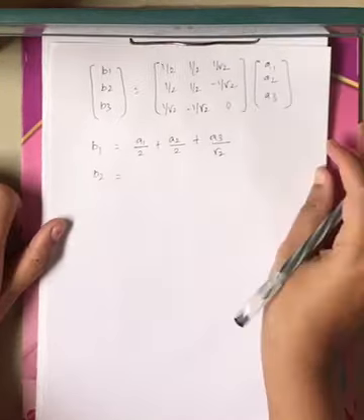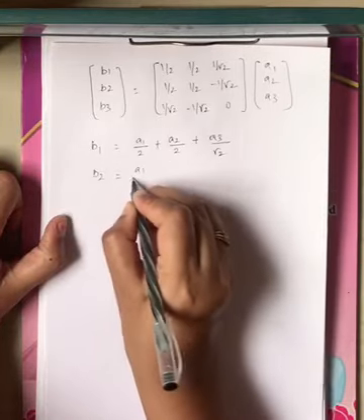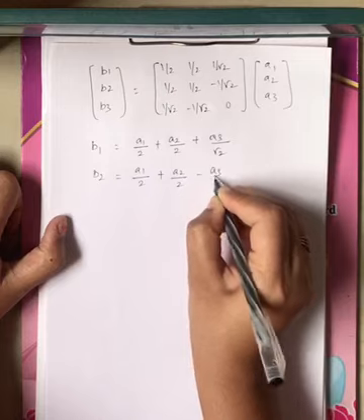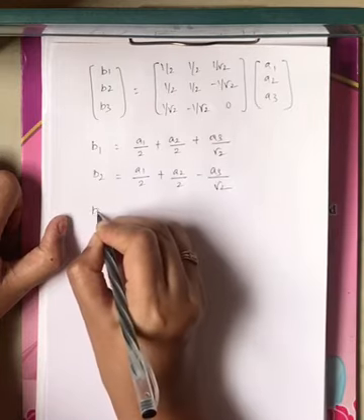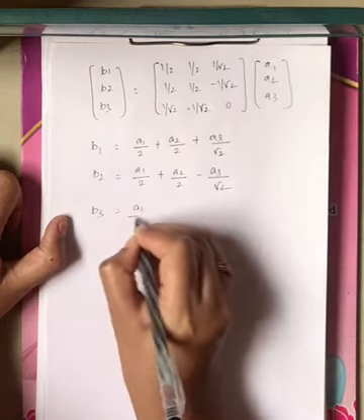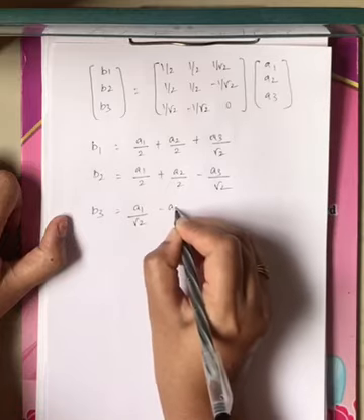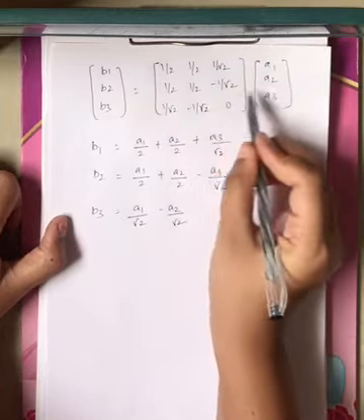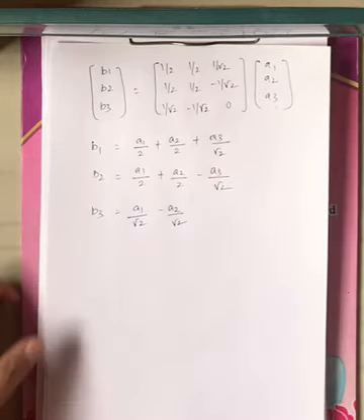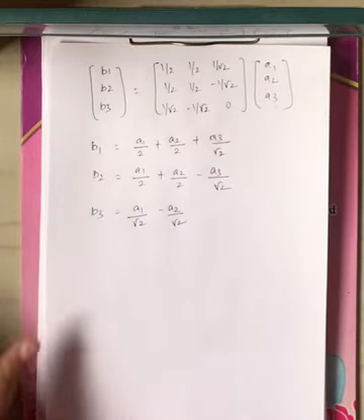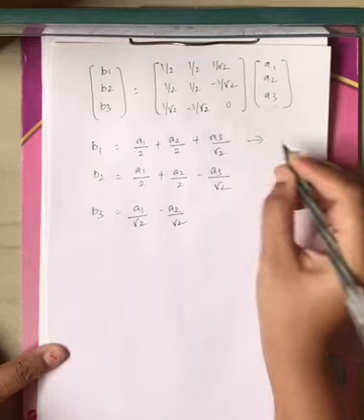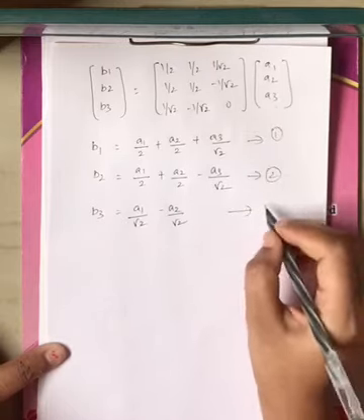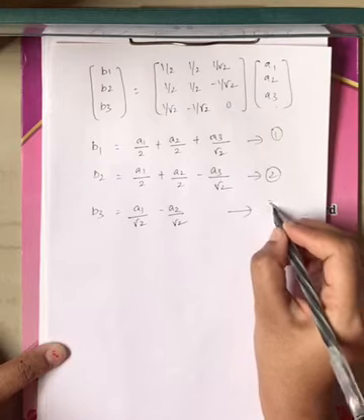B2 is nothing but A1 by 2 plus A2 by 2 minus A3 by root 2. Now what is B3? A1 by root 2 minus A2 by root 2. After multiplication of S with A, these are the values: reflected power at port 1, reflected power at port 2, reflected or output power at port 3.